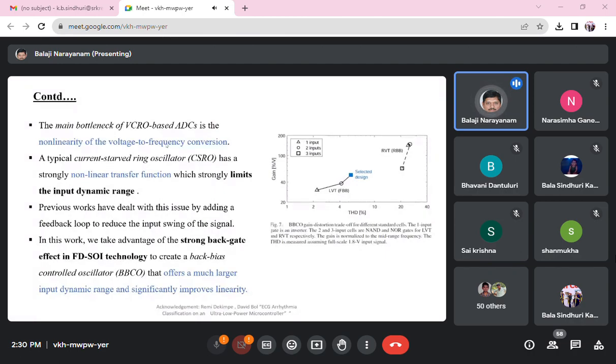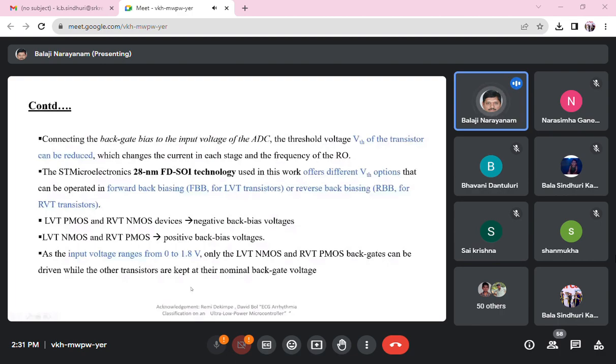Previous works have dealt with this issue by adding a feedback loop to reduce the input swing of the signal. So in this research work, the authors have taken advantage of the strong back gate effect in FD-SOI technologies to create a back bias controlled oscillator, abbreviated as BBCO, which offers a much larger input dynamic range and significantly improves the linearity.